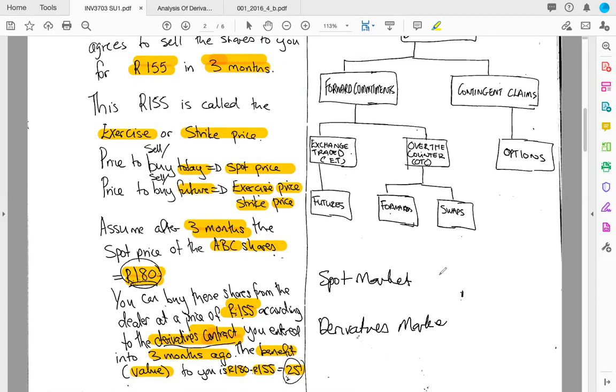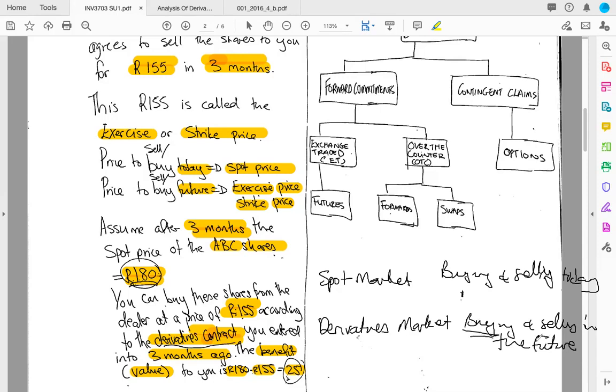The spot market is where people are buying and selling today. Whereas the derivatives market is where people are buying and selling in the future.